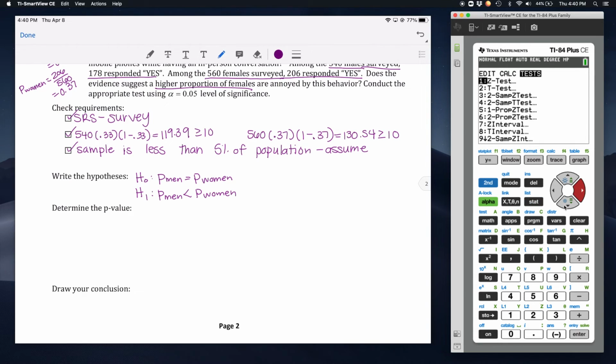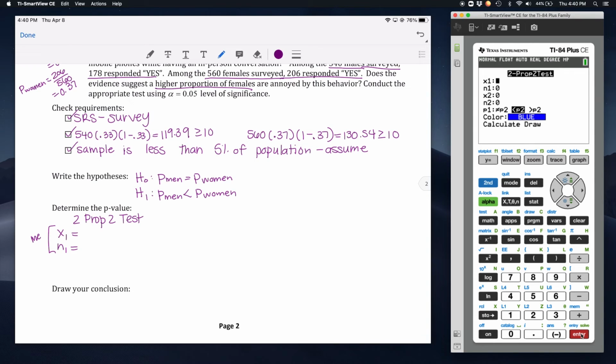Okay, so now we're going to go ahead and do a test. So similar to our 1 proportion, we're now just doing a 2 proportion Z test. Okay. So here it asks you for X1 and N1. So whatever you put on the left, which in this case was our men, is what you got to put there.